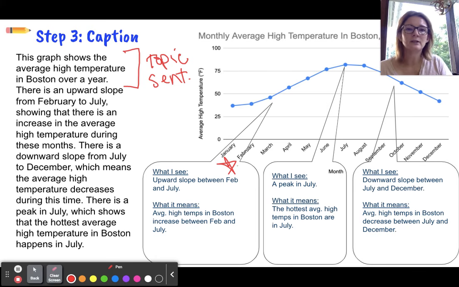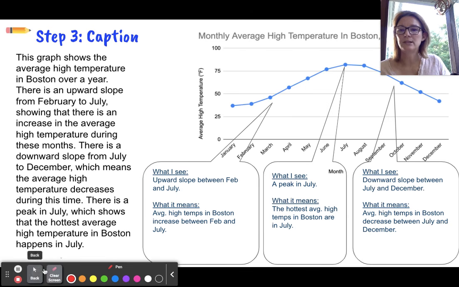Then there is a downward slope from July to December, which means the average high temperature decreases during this time. And finally, there is a peak in July, which shows that the hottest average temperature in Boston happens in July. So there you go, the I-squared strategy for making meaning from graphs.